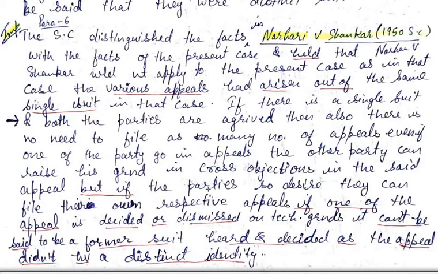But if the parties so desire, they can file their own respective appeals. If one of the appeals is decided or dismissed on technical grounds, it cannot be said to be a former suit heard and decided, as the appeal did not have a distinct identity.